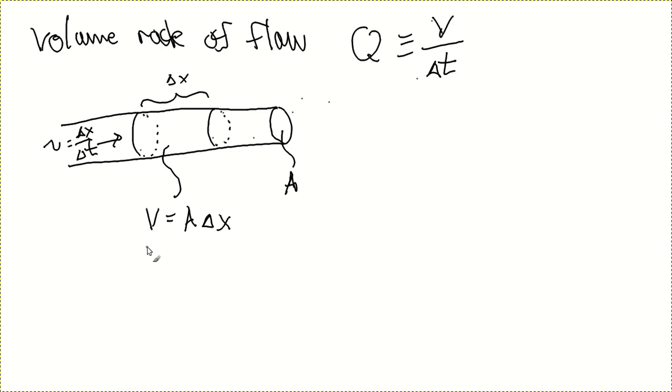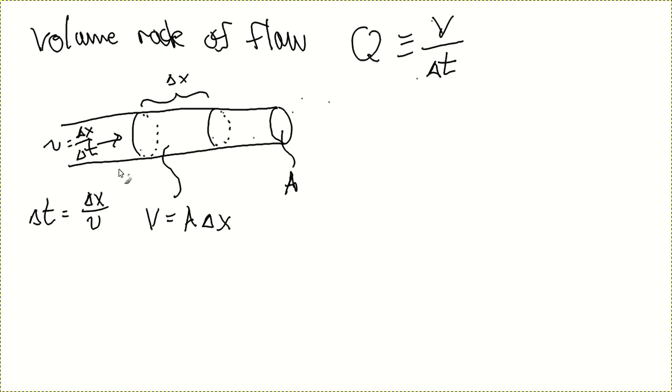So, if we want to now calculate the volume rate of flow, I'm going to take this definition of velocity, rearrange it to write delta t equals delta x over v. Thank goodness for the undo button. And we're going to substitute in this expression for the volume and the delta t into our definition of the volume rate of flow.